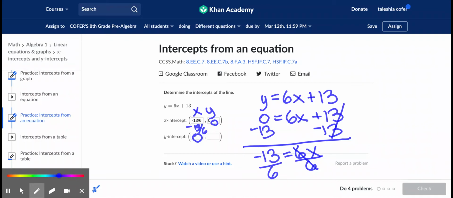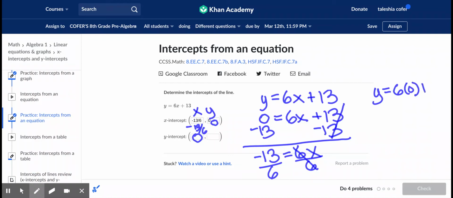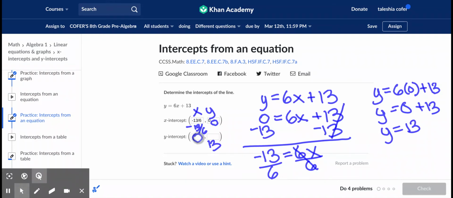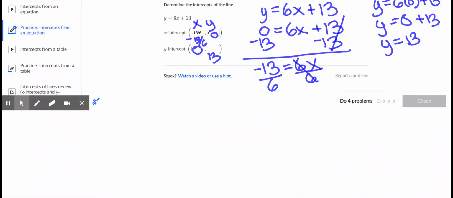So now I have y is equal to 6 times 0 plus 13. 6 times 0 is 0 plus 13. 0 plus 13 is 13. So I know that my y-intercept is 13. So I type it over here, 0 in the first blank, and a 13 in the second blank.